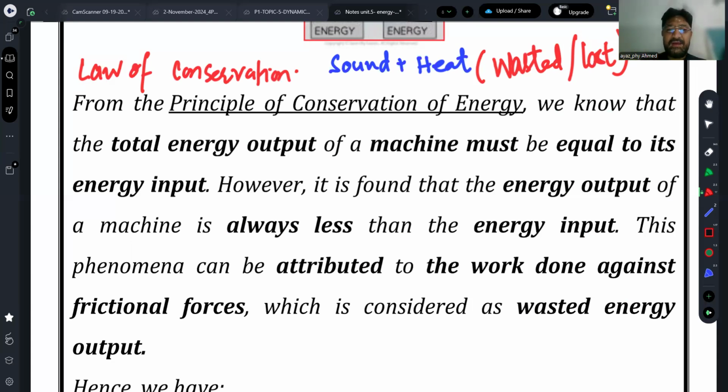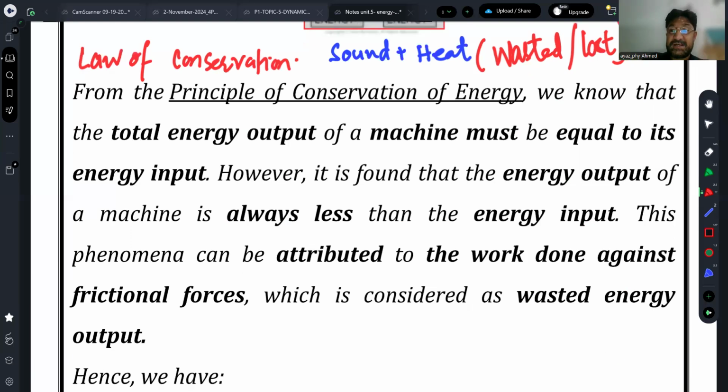There are statements for the law, that the total energy output of any machine must be equal to its energy input. Sometimes energy is lost in different forms, as I told you, but whatever those forms are, they are forms of energy.